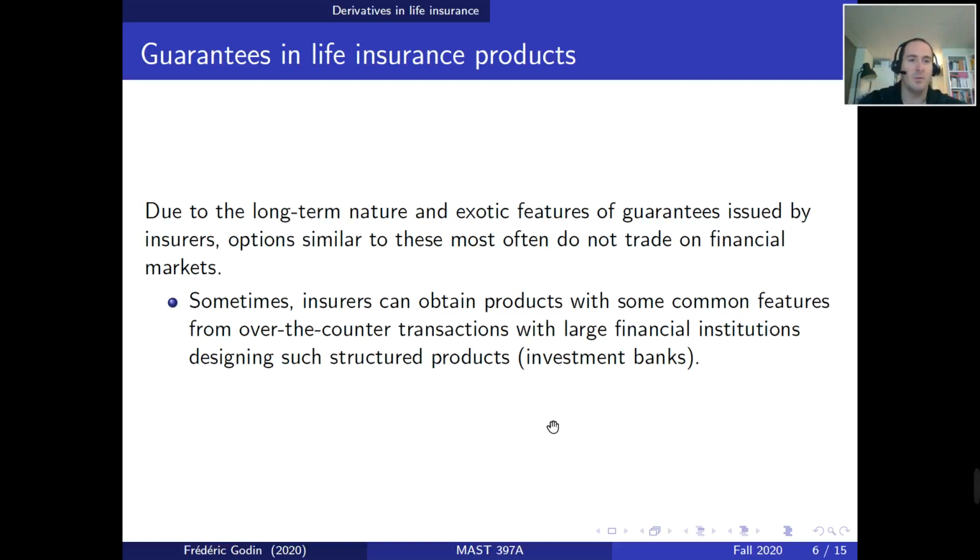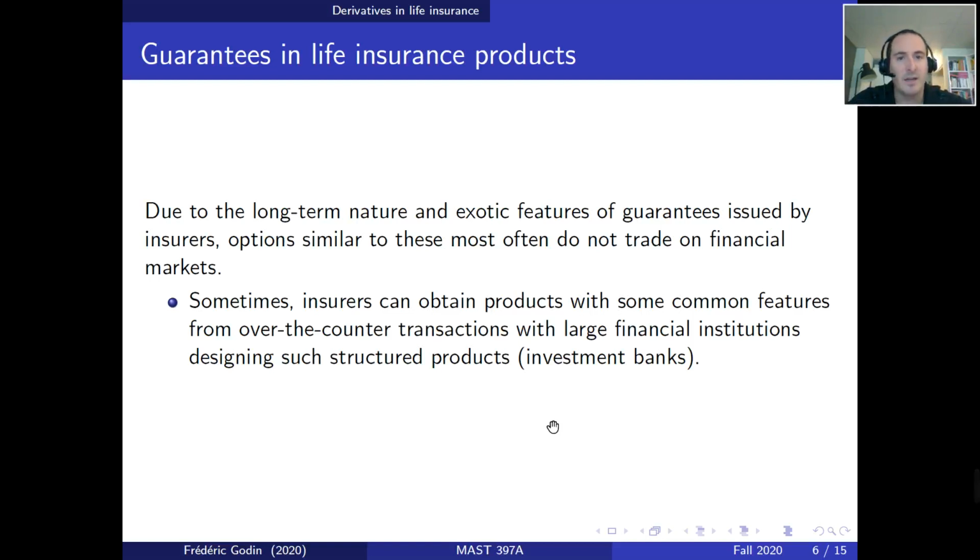If you want to buy a 25-year option on the S&P 500 and you go on the well-known options exchanges, then you won't find these. Typically maturities available for options in stock exchanges don't go beyond maybe 1, 2, sometimes 3 years. But higher maturities than that, they don't typically trade.